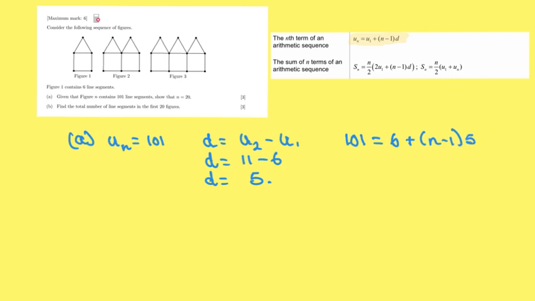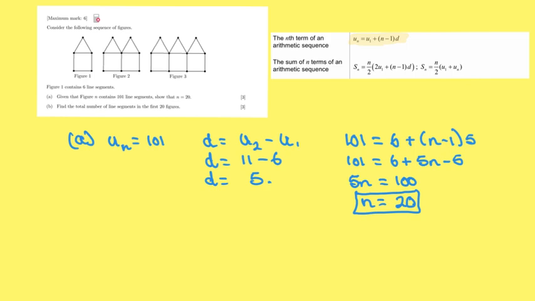Multiply out the brackets, so 101 is equal to 6 plus 5n minus 5. Therefore 5n is equal to 100, so n is equal to 20. We have proved that n is equal to 20.